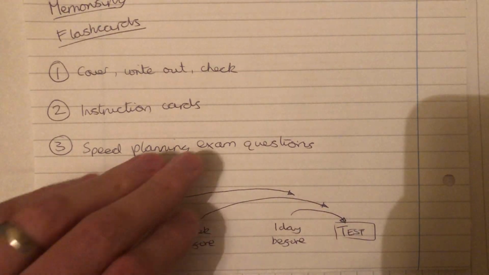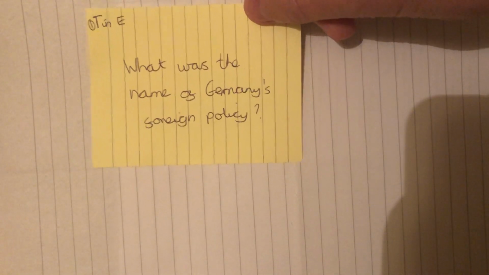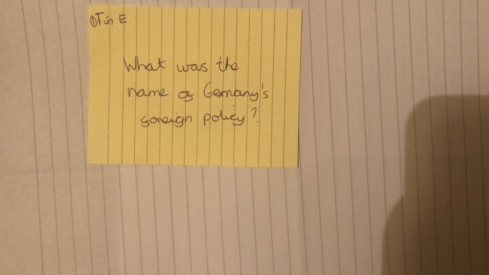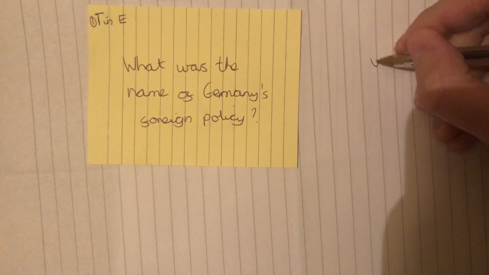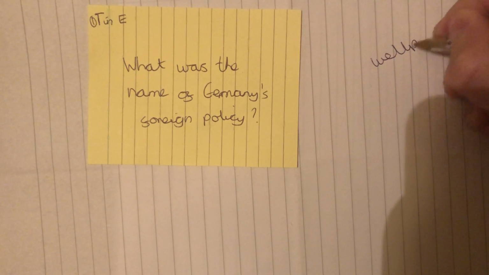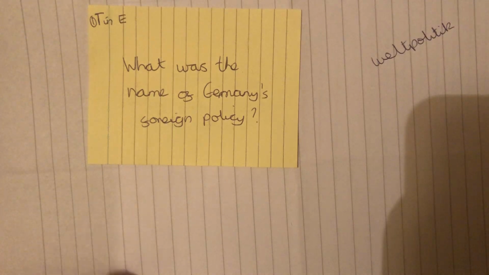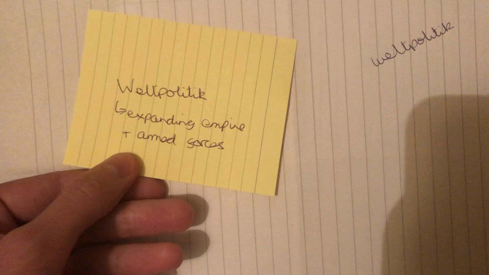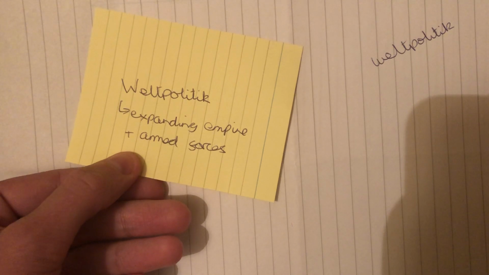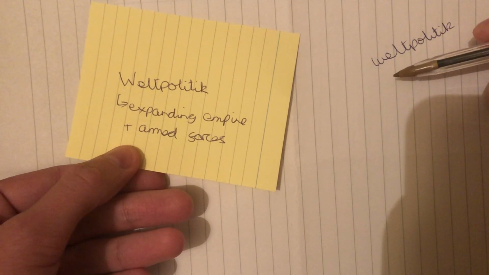Right, first one, cover, write out and check. This one's pretty easy. It's just a case of taking a flashcard. Here we go. What was the name of Germany's foreign policy? Weltpolitik. Did I get that one correct? Yes, I did. Lovely, fantastic. I maybe missed out that detail.